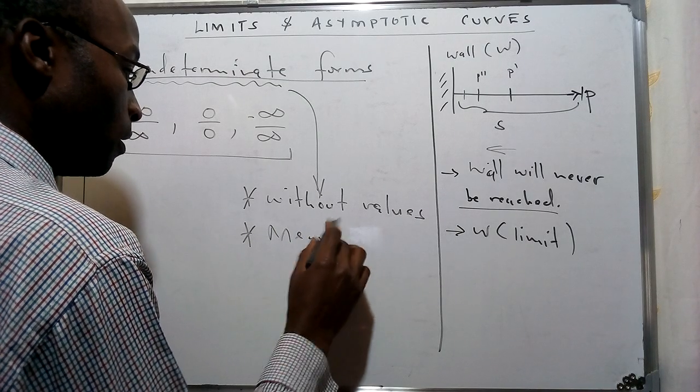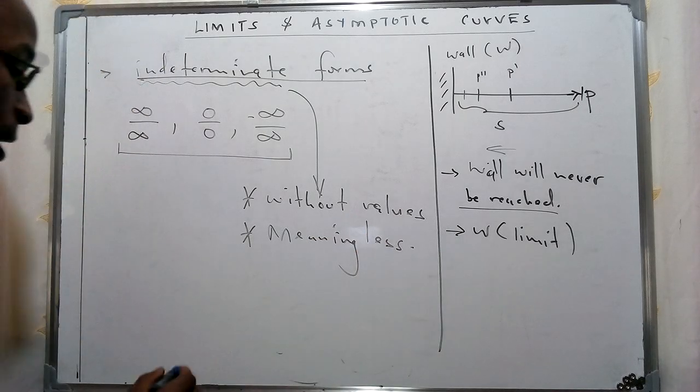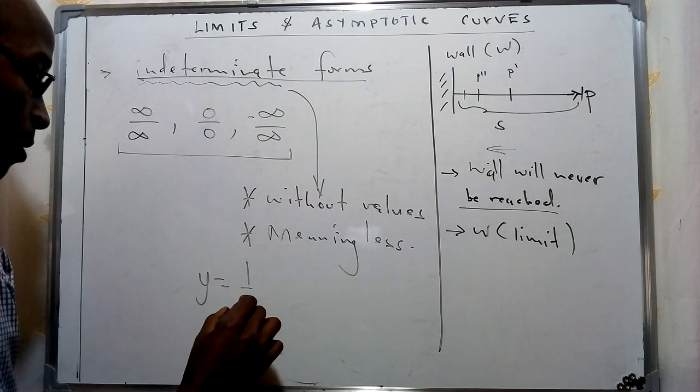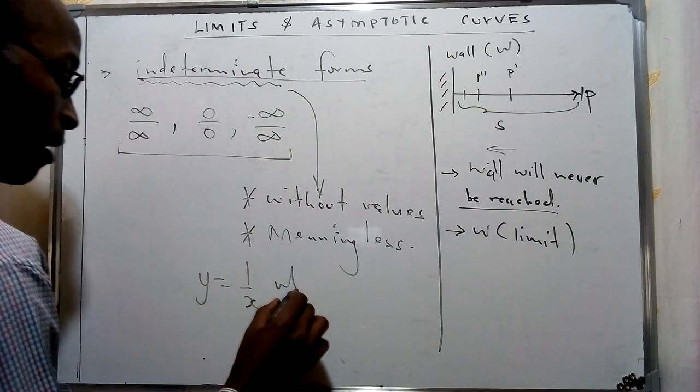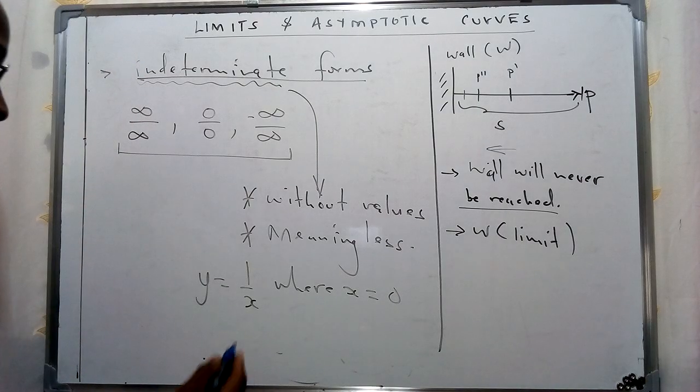So this is meaningless, given as such. For instance, if we have a value given in terms of y equals 1 over x, where x is equal to 0, then we're going to see that this specific value literally has no meaning for us.